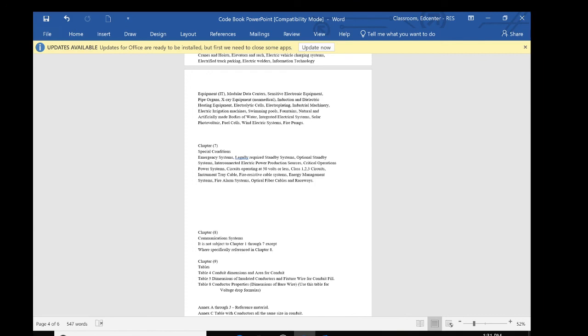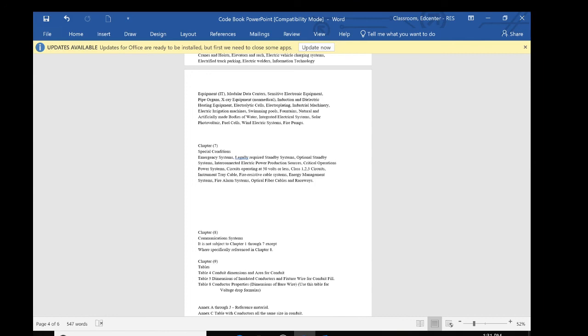So it's really regulated. Then the next one is legally required standby systems. That's usually on fire stations and water stations, sewage stations, stuff like that. So if the power goes off there, you're not going to die, but it's going to make life rough on you. And so maybe a little bit of dealing with that, depending on, I know that some apartments and stuff actually have pumps and things that may require that.